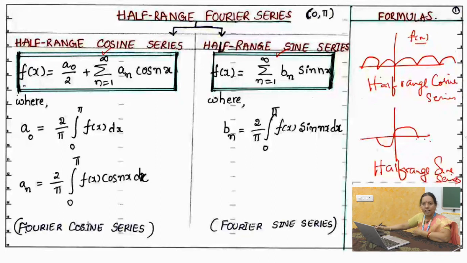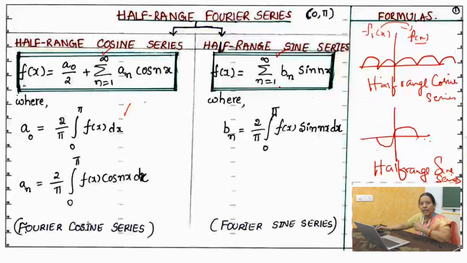Simply in one word, you can frame a function f1 of x which is identical to f of x in the interval 0 to pi as an even function. If it is an even function, then it will become a half-range cosine series in the limit minus pi to plus pi, so we write only the half-range cosine series formula.